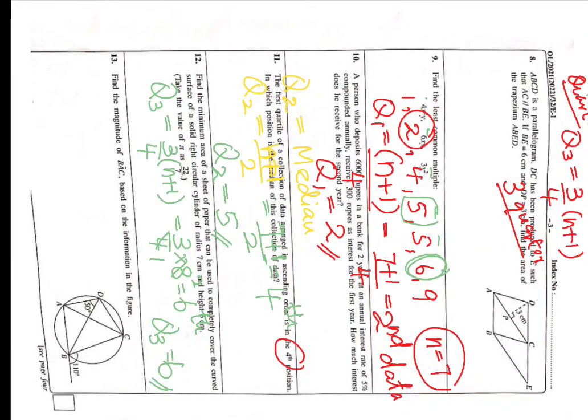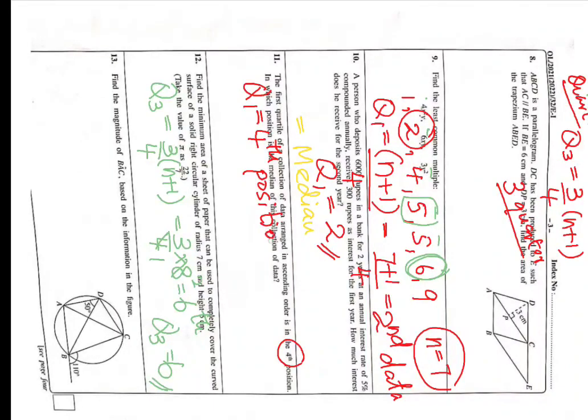So in this question, the first quartile of a collection of data is at the fourth position. We have to find the position of the median. Median means Q2. Q1 is in the fourth position, so what can you say about Q2? Quarter of a data set is 4.